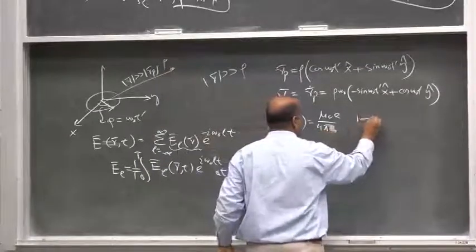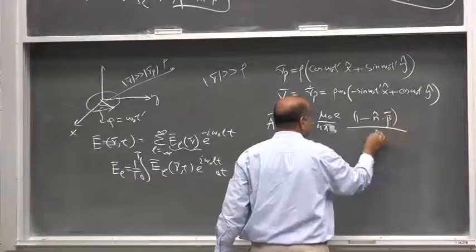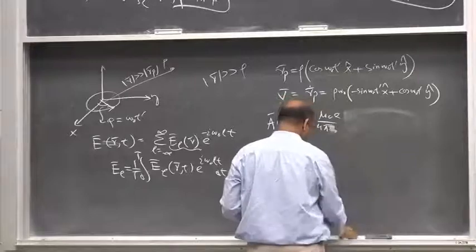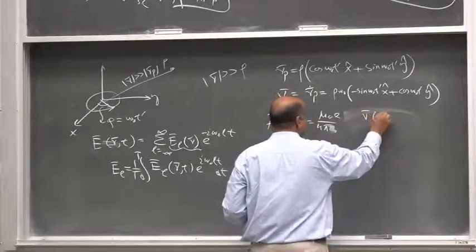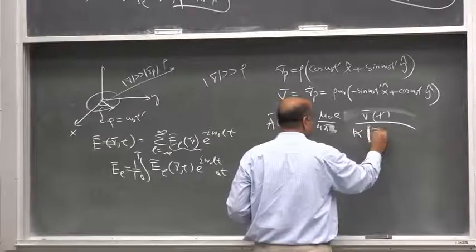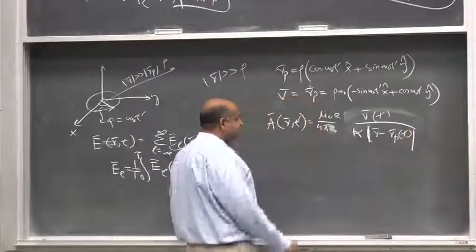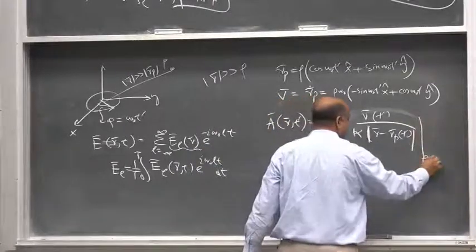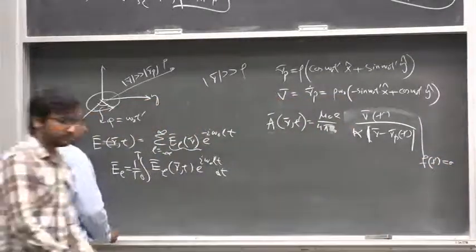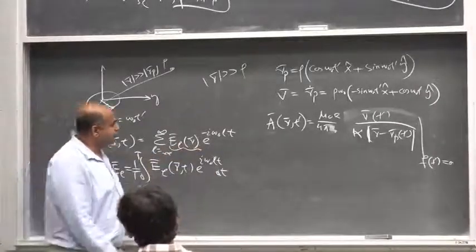So kappa is 1 minus n dot beta, this is v, kappa, R minus R_P, and f of t prime is equal to 0. So this is our A function, and I want to express it in terms of a Fourier series.